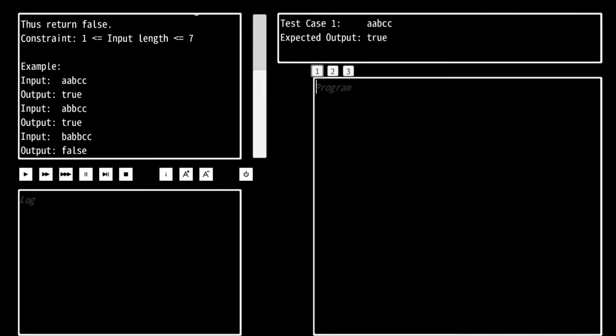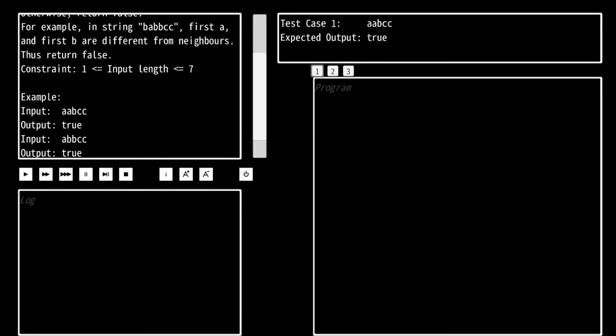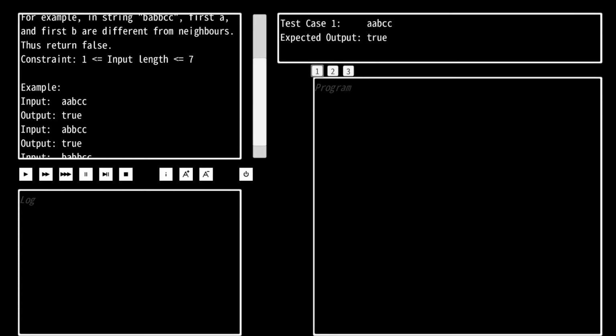Oh my God. Okay. Oh, whoa. I can do custom test cases. Okay, no, I need to think about this.